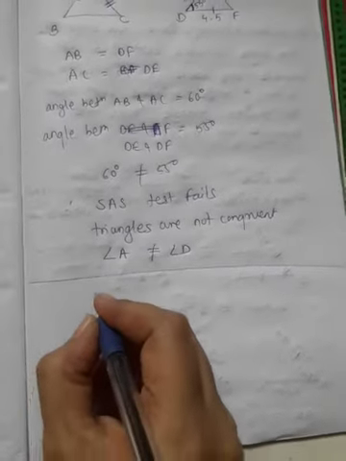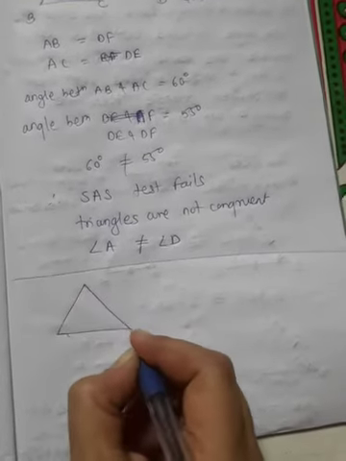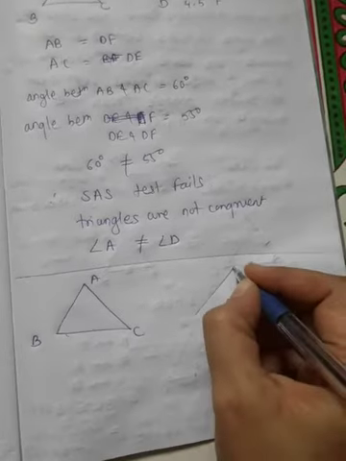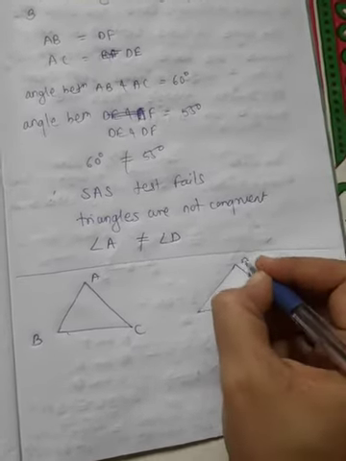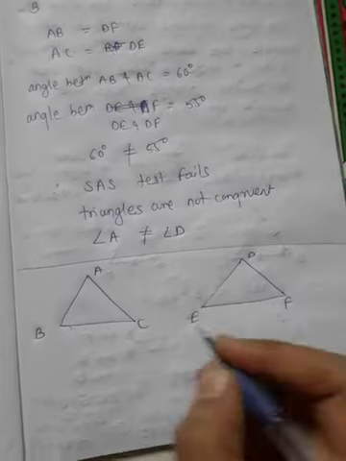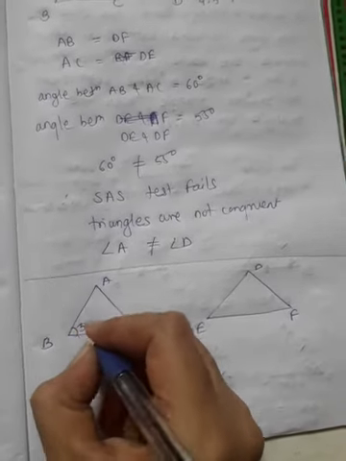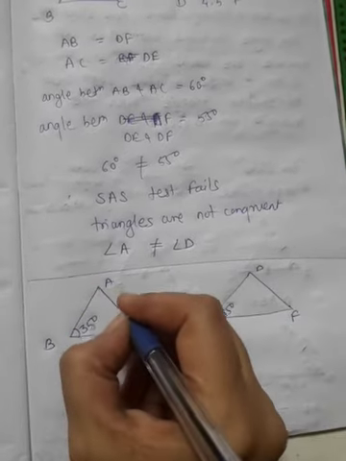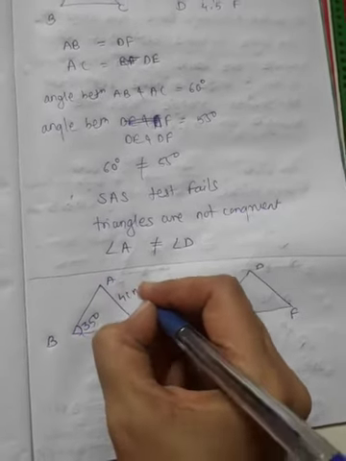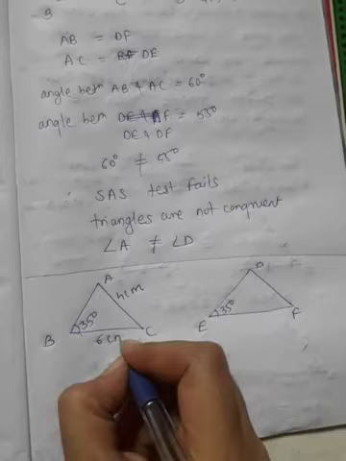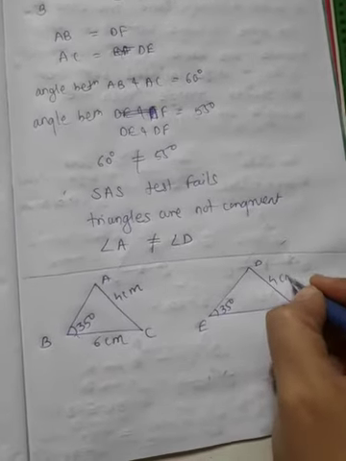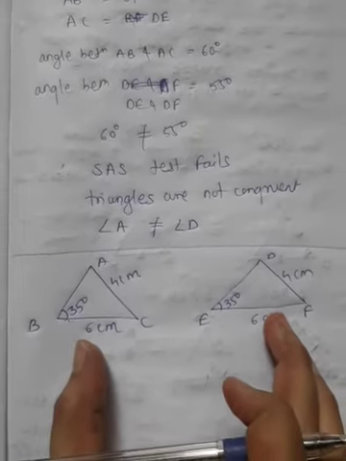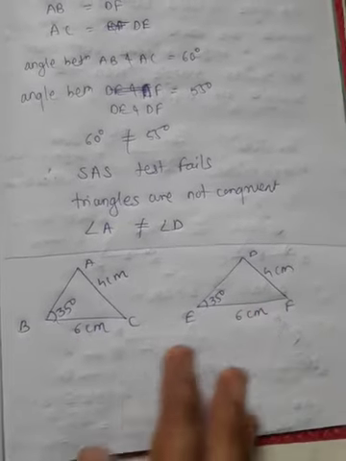Now see one more diagram. Here we have two given triangles, ABC and DEF. To check whether these two triangles are congruent or not, we apply the SAS criteria.